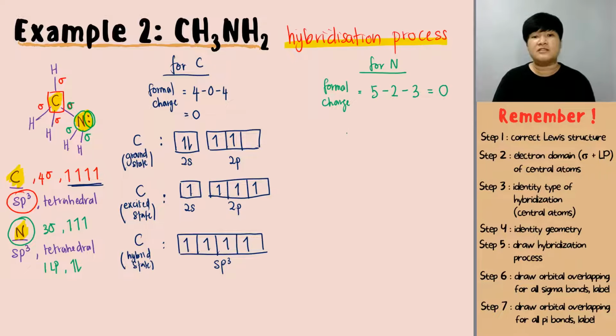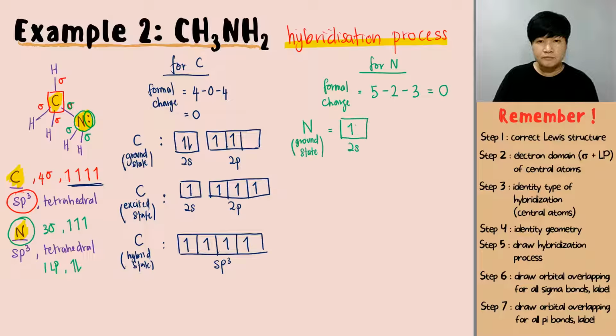When the formal charge is 0, it means there will be no change in the nitrogen ground state, where we know that the valence electrons in the nitrogen ground state are located in 2s2 and 2p3, that is the 5 valence electrons in nitrogen.